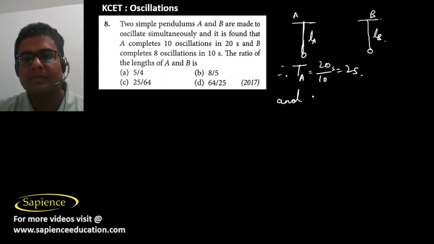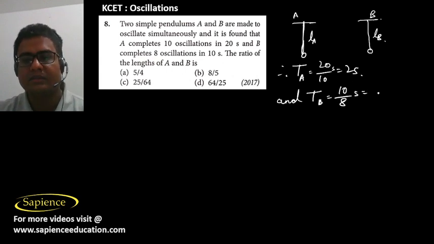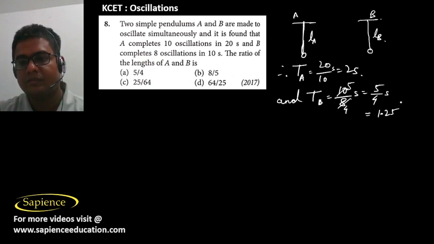And the time period of oscillation for pendulum B is equal to 10 by 8 seconds, since for 8 oscillations it takes 10 seconds, so for one oscillation it takes 10 by 8 seconds, which is 5 by 4 seconds, approximately 1.25 seconds.